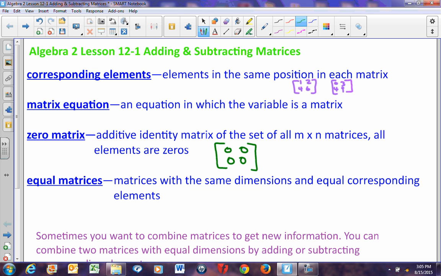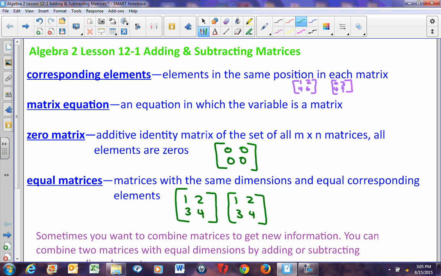That's a zero matrix, whether it's a 2 by 2 matrix, a 3 by 3 matrix, a 4 by 6 matrix, whatever. Equal matrices are matrices with the same dimensions and equal corresponding elements. An equal matrix would be something like 1, 2, 3, 4 would be an equal matrix to 1, 2, 3, 4. They're both the same size, and they all have corresponding elements that are equal.